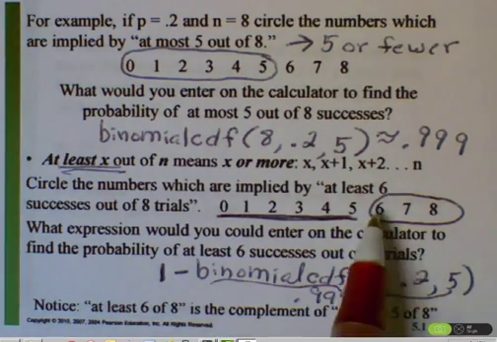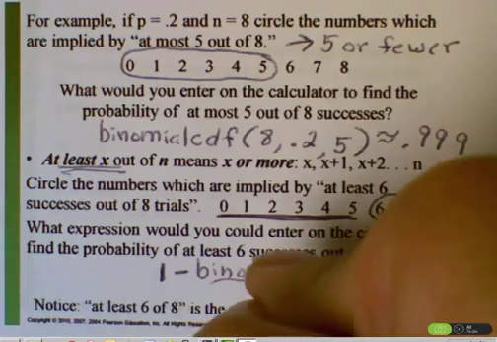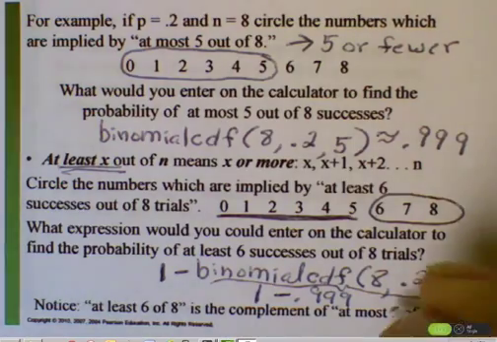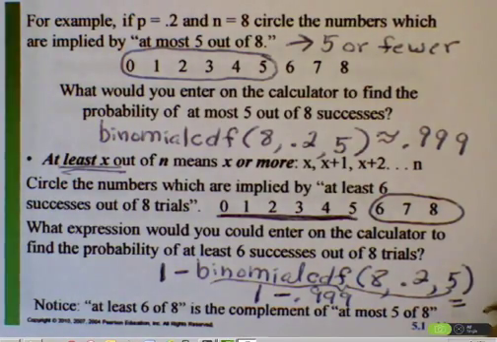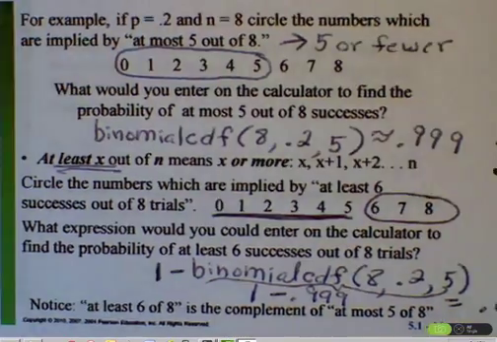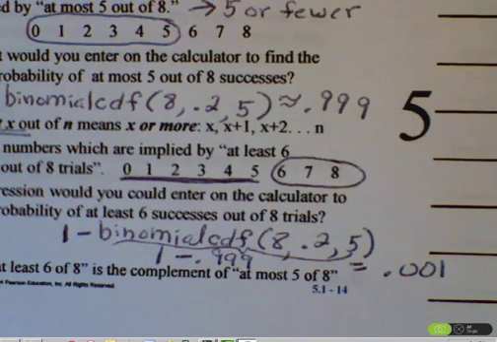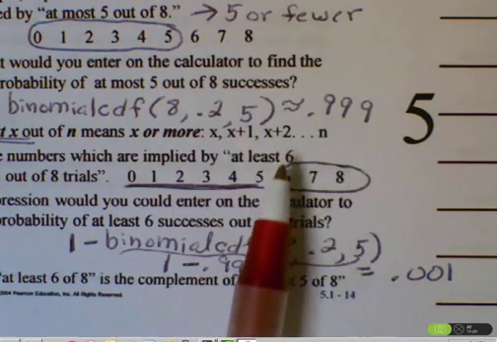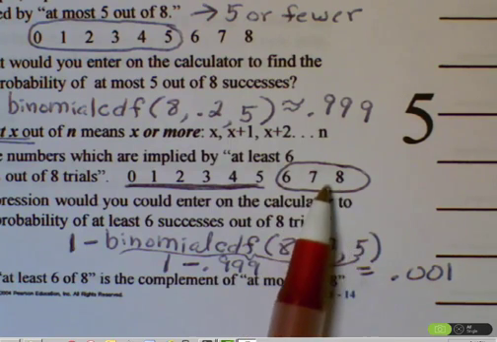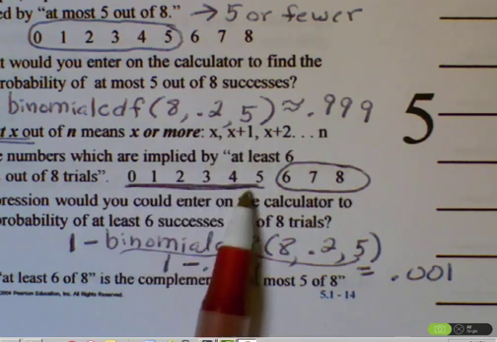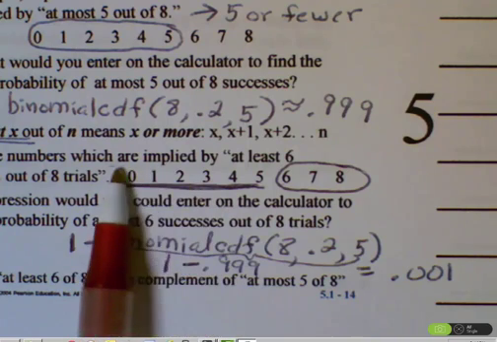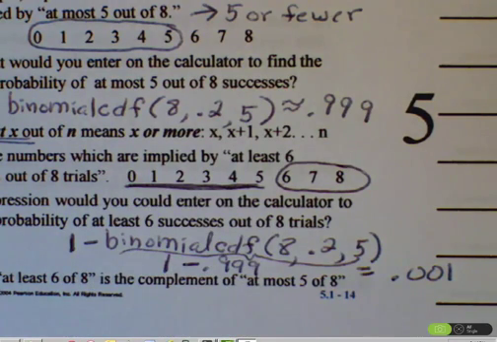So the probability of at least 6 is 1 minus that, or 0.001. When you want the probability of at least something, you're going to have to find the probability of its complement and then subtract that probability from 1.